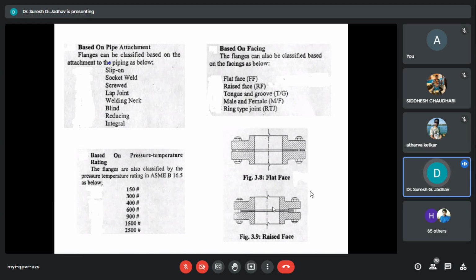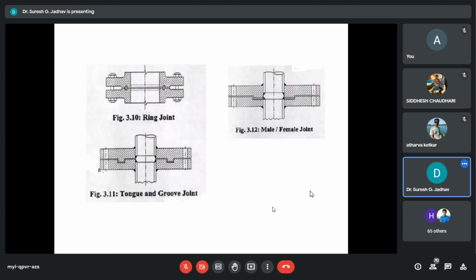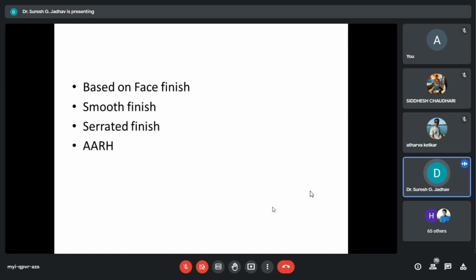Now next is based on facings. There are two types of finishes done on the facings. First one is a smooth finish and the other is a serrated finish.